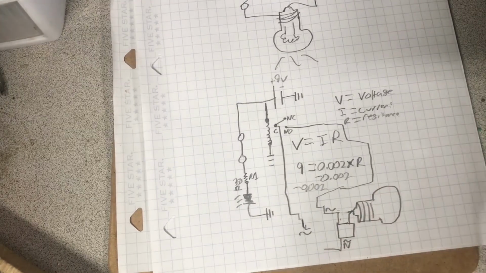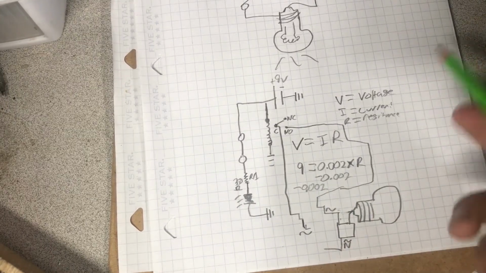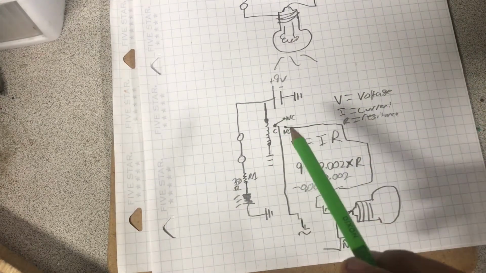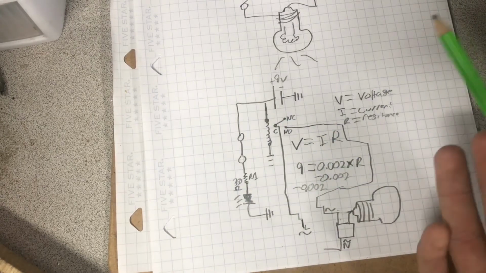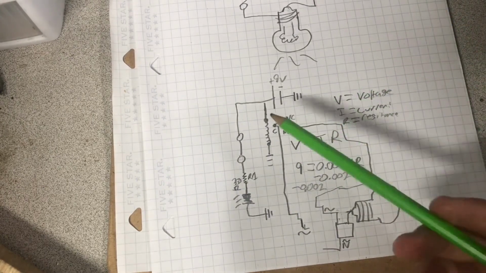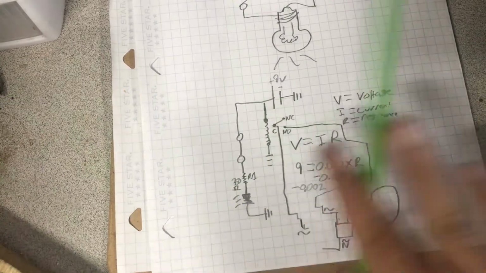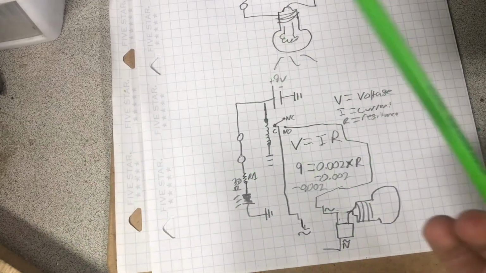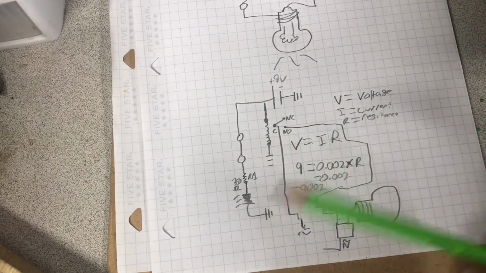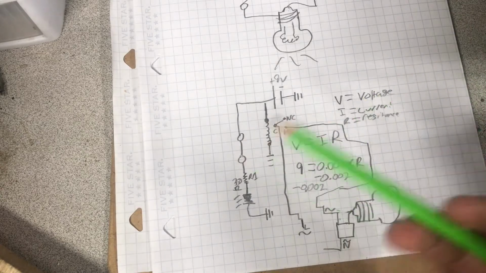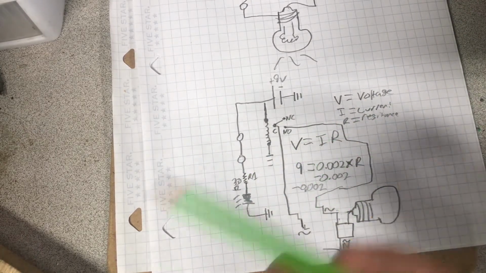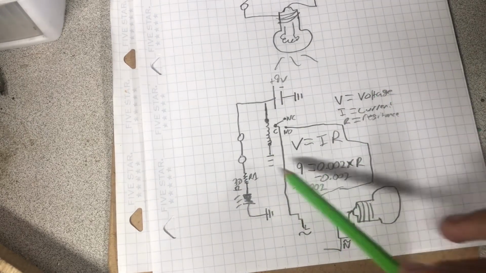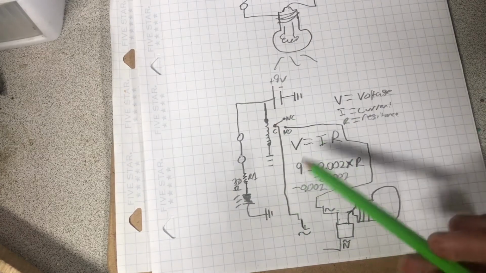Neutral is the return for AC. It's just like DC, where the negative and positive must return to the negative, but you can't just connect it like that, because then you're going to short it, and that won't work. But when you go through a load, anything in a circuit, a resistor, a motor, which is called an inductive load, a transformer, an electromagnet, an LED, that's a load.